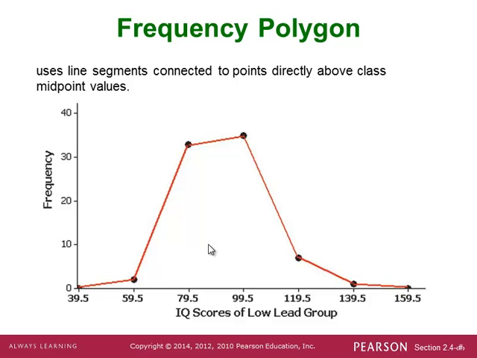Here's a frequency polygon. Going back to the IQ scores of a low lead group data set.